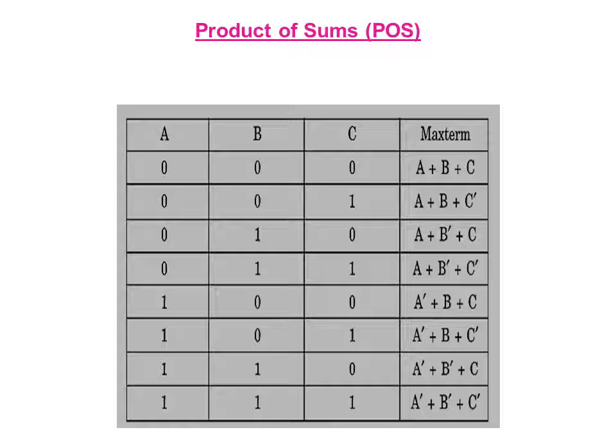So for 0, 0, 0, the equivalent max term representation is A plus B plus C. For 0, 0, 1, the equivalent max term representation is A plus B plus C dash. And 1, 1, 1 can be written as A bar plus B bar plus C bar.